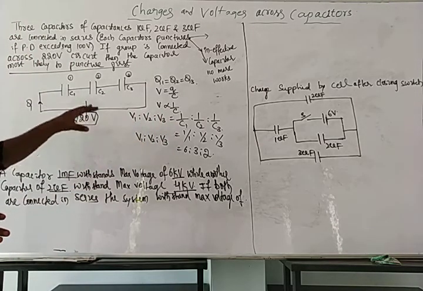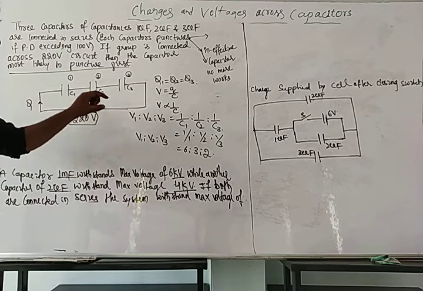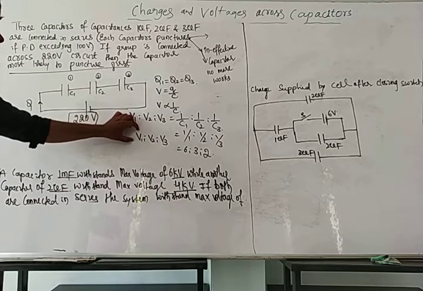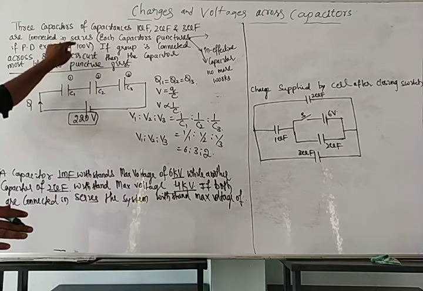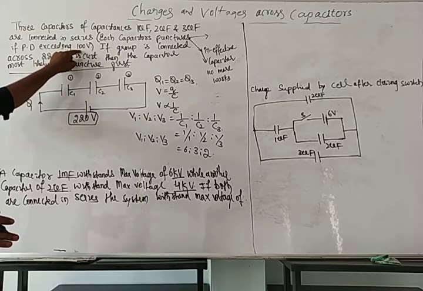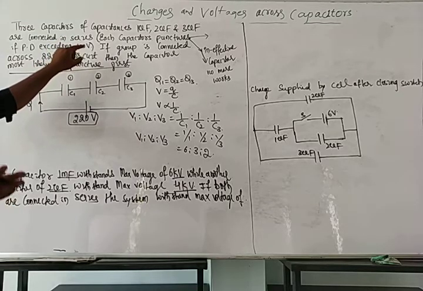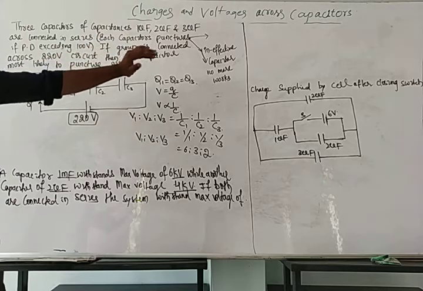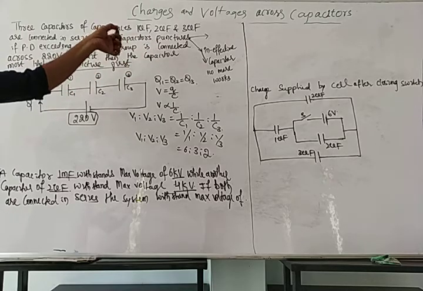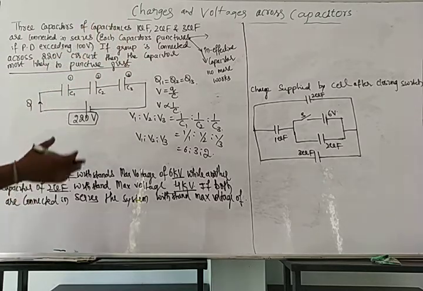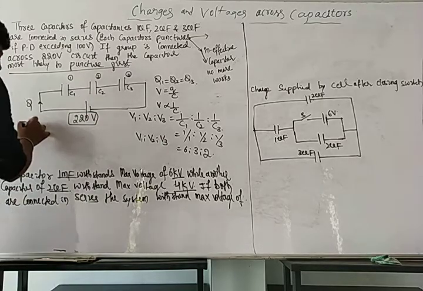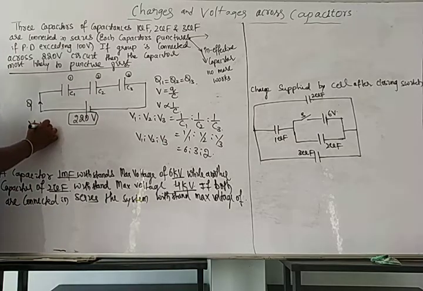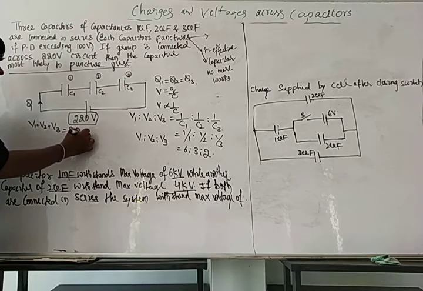Let us check whether any individual potential difference exceeds the given condition. If it does, then definitely the capacitor won't work or it will get punctured. We also know V1 plus V2 plus V3 together has to be equal to 220, the series condition.